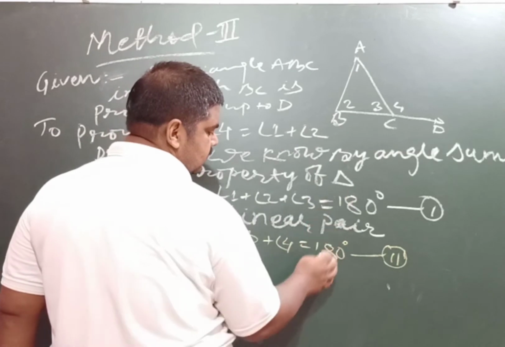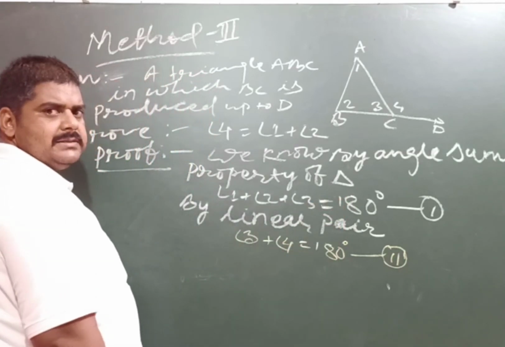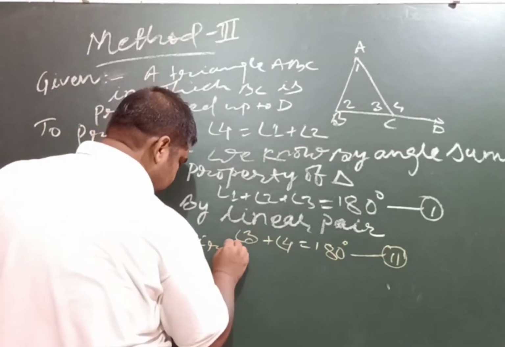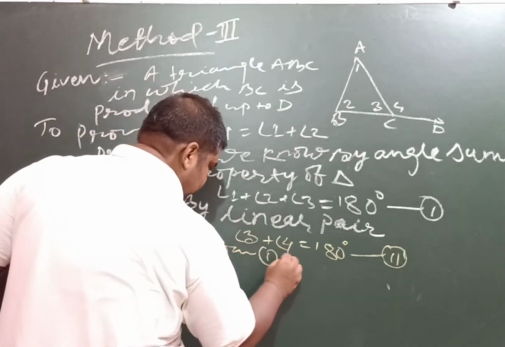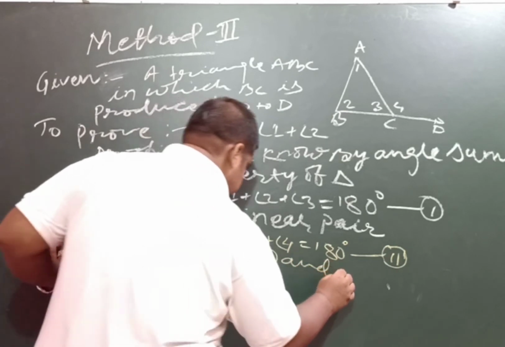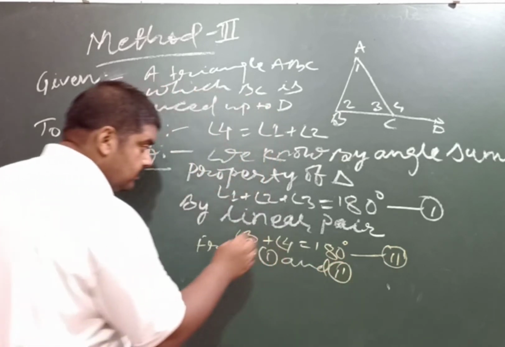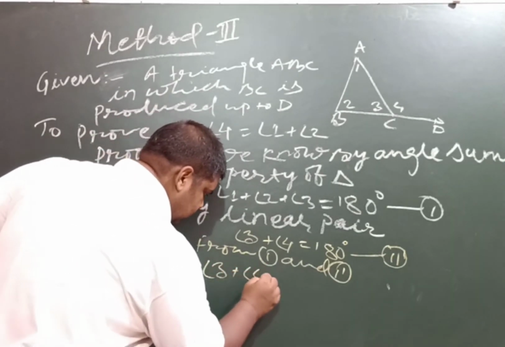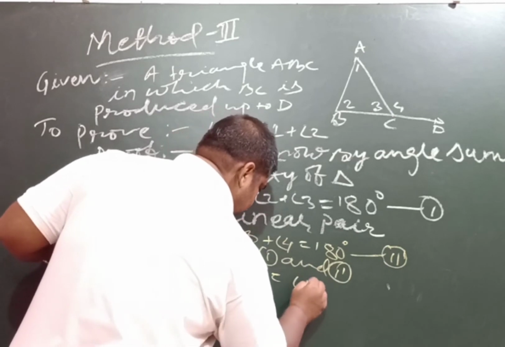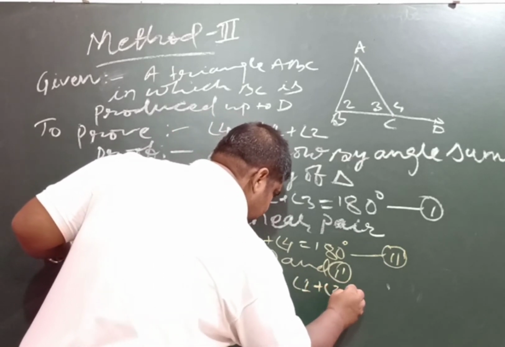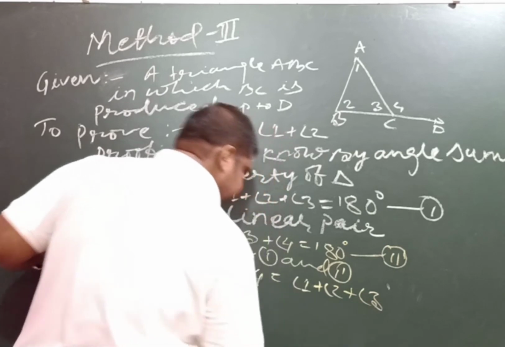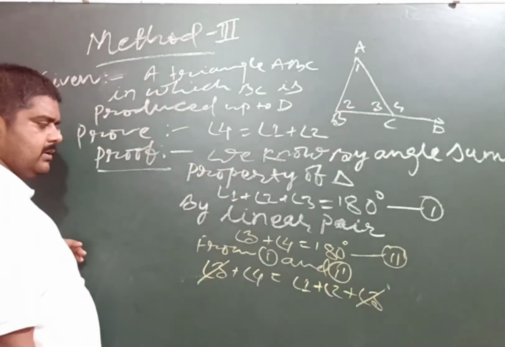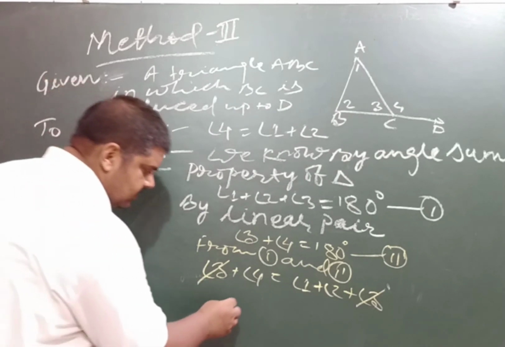Since both are equal to 180 degrees, from first and second, angle 3 plus angle 4 is equal to angle 1 plus angle 2 plus angle 3. Angle 3 on both sides is cancelled because it is equal on both sides.